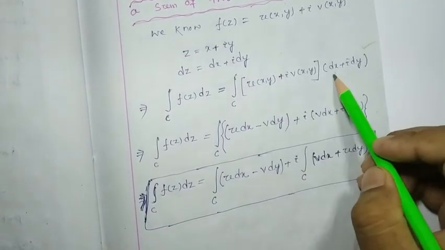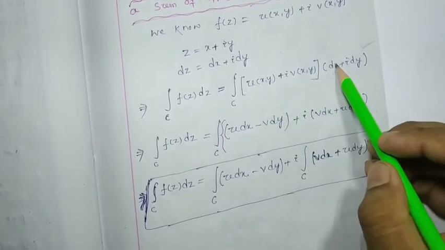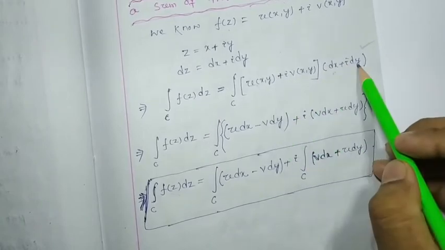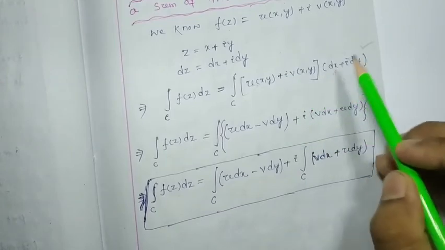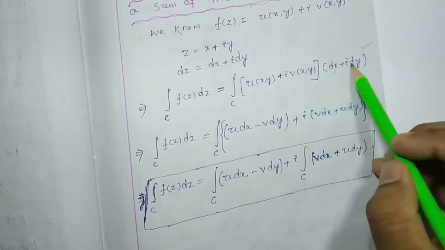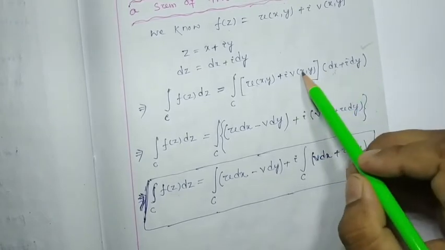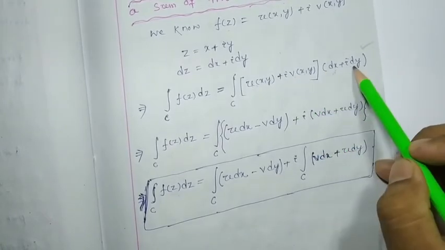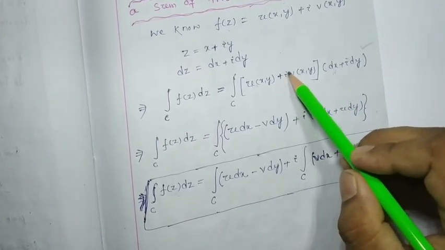That implies the contour integration of f(z) dz will be equal to, here you can see, u into dx, just multiplication, u dx, then i u dy, then i v dx, minus v dy, because whenever i v into i dy is multiplied, it will be i squared, and minus i squared will be minus 1.